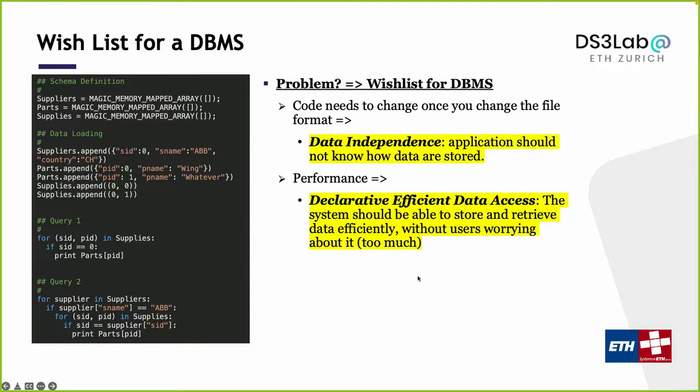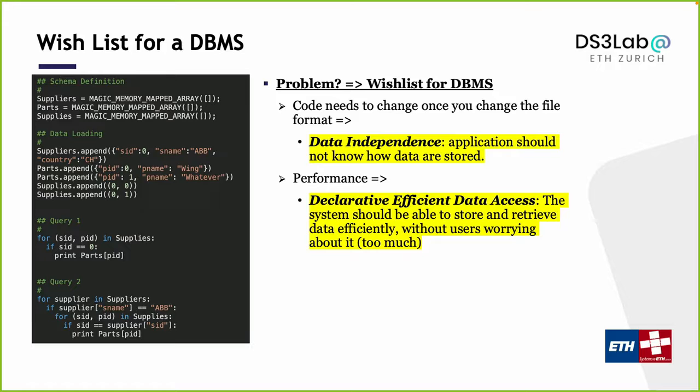Okay, great. So we were talking about the properties that we want from database management systems, right? We take this very simple implementation in Python as inspiration, and we think about what the problems there are, and what properties we want from a database so that we don't have such problems.